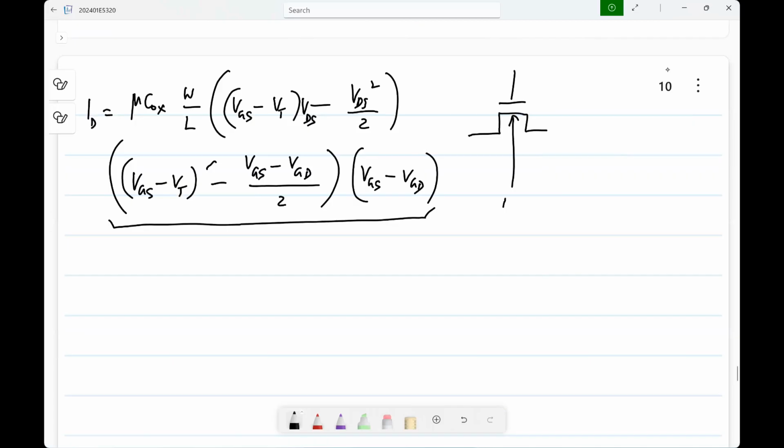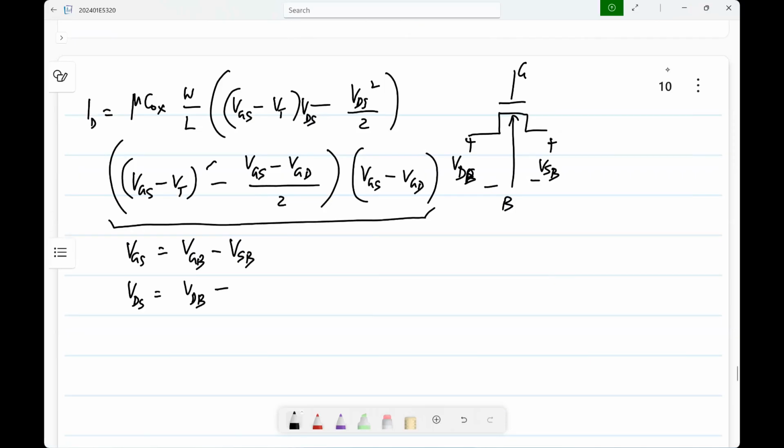That makes it symmetrical, right? So we have VDB, VSB, and VGB as well. Now you can write VGS will be VGB minus VSB, and VDS will be VDB minus VSB. You can try to do this yourself, because this is just some information. I don't want to spend too much time on it.